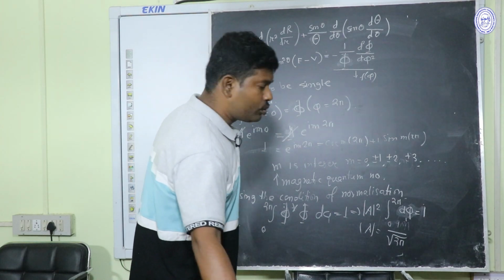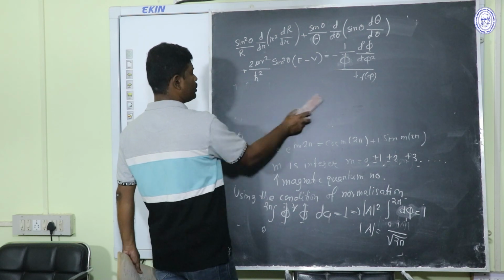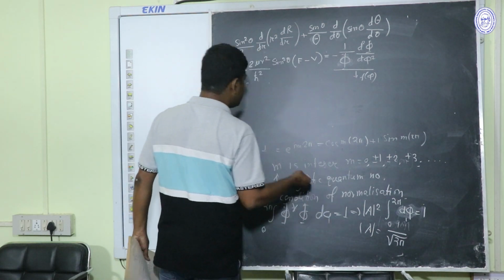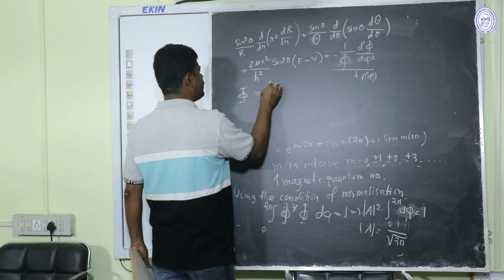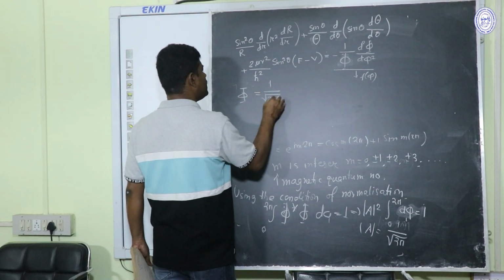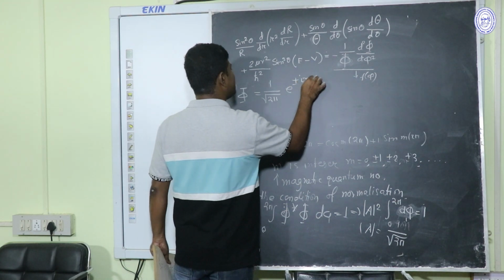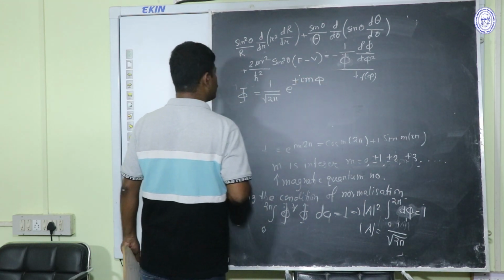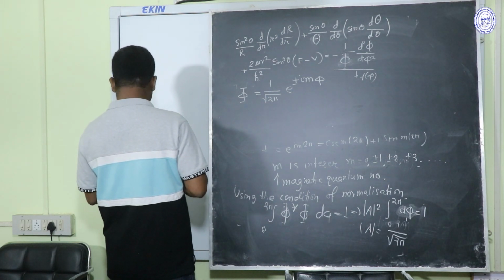So the complete solution for the azimuthal equation is Φ = (1/√(2π)) e^(±imφ). This is the total azimuthal part.